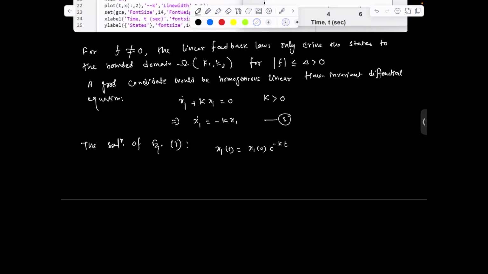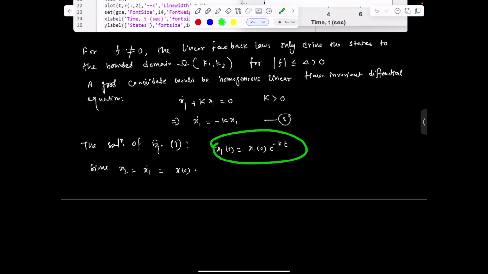Since x2 equal to x1 dot, taking the time derivative of this equation, we can write x2 equal to minus k x1(0) e to the power minus kt.